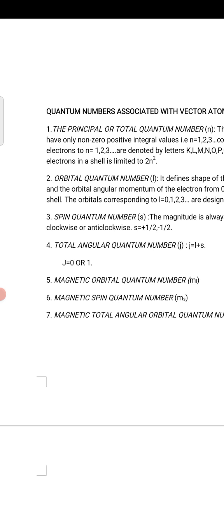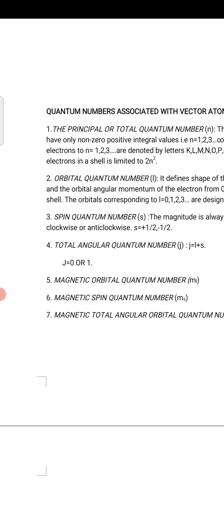It depends upon whether the electron spins in one direction or the other. Two electrons with the same sign of the spin quantum number are said to have parallel spins, while those with opposite signs are said to have opposite or paired spins.